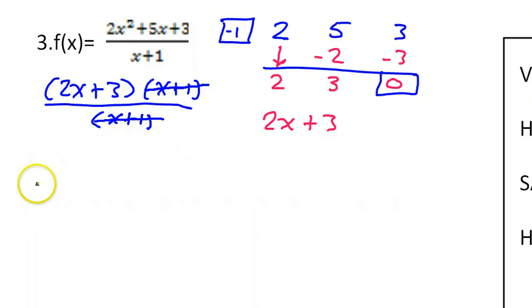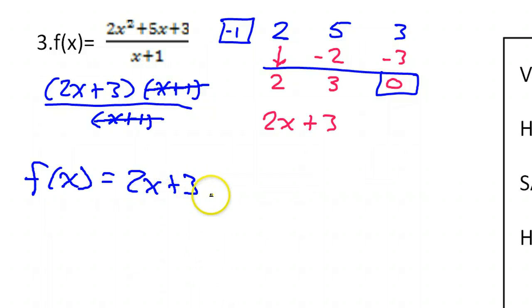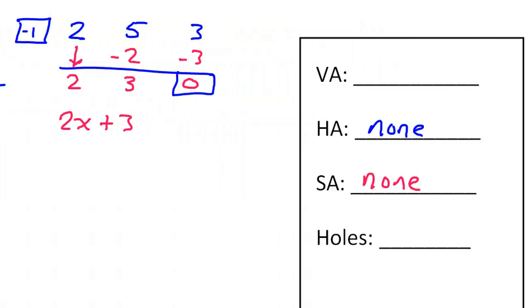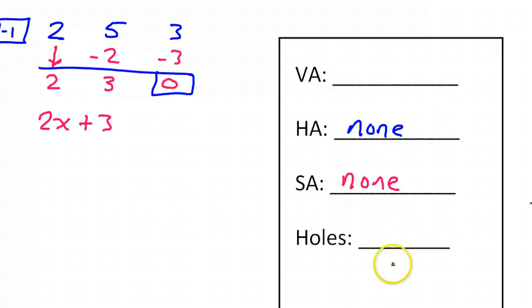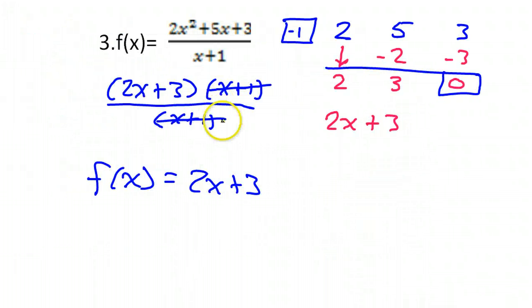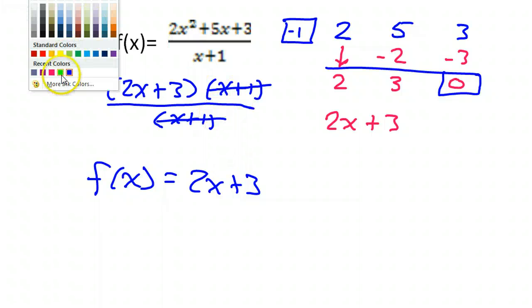The function that's left over is f of x equals 2x plus 3. This is the simplified version, but there will be no vertical asymptote. Instead, there will be a hole, because that's what you get when things cancel out like this. We are going to have a hole.